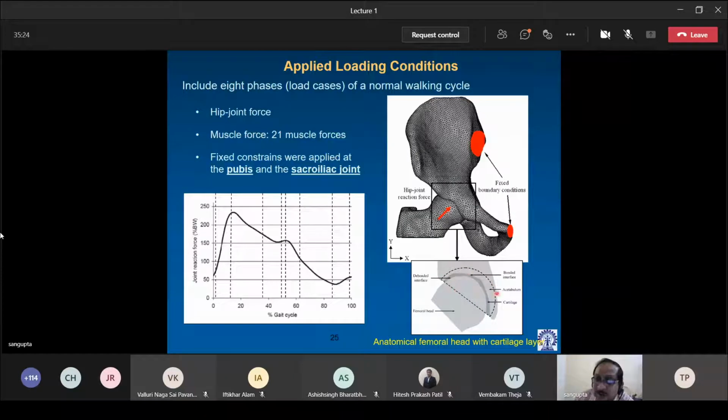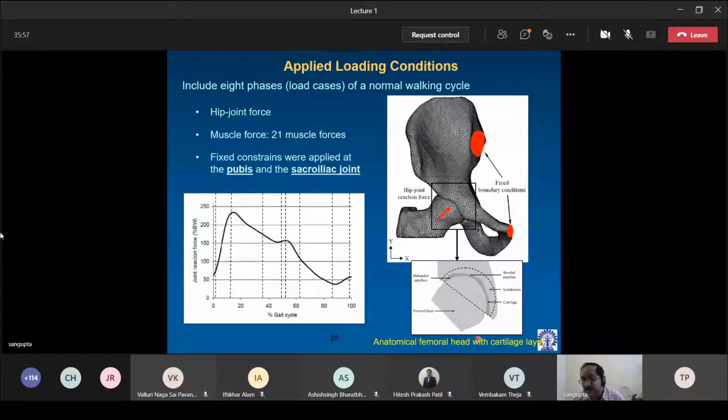So it is better to mimic the natural situation because the structure will have an impact on the load distribution or load transfer across the acetabulum. So we have made a detailed model of the cartilage, the femoral head, as well as the acetabulum. And then we applied the hip joint contact force at the center of the femoral head.